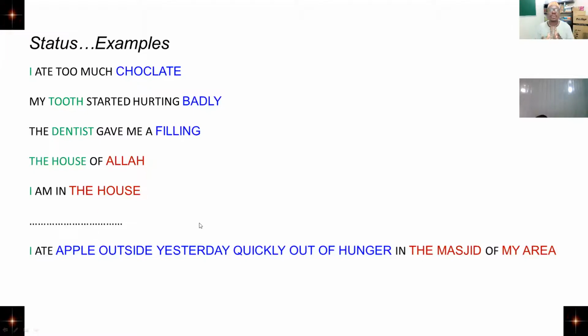How am I able to determine that the word is in Rafa status? Note and understand what the position of the word or the ism is in the sentence. If the ism is the one doing the action, then it's in Rafa status. If it is the one that the action fell onto, or the done to, or the victim, or the detail of the action, then it is what? It is the maf'ul. So it is the word in nasb status, something that the action fell onto.